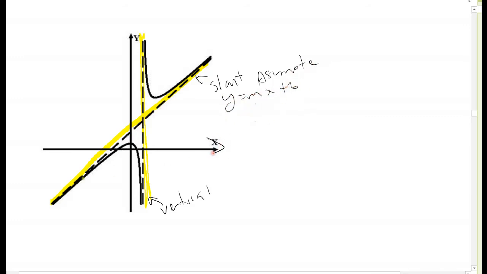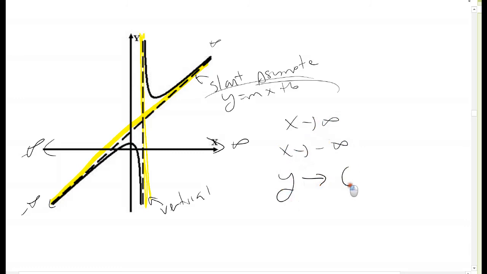As my x values shoot off to infinity and negative infinity, my function shoots off to negative infinity and positive infinity, but as it's shooting off, it's actually approaching this line. As x goes to infinity, as x goes to negative infinity, my y values approach the slant line, the y equals mx plus b line. They don't actually ever cross.